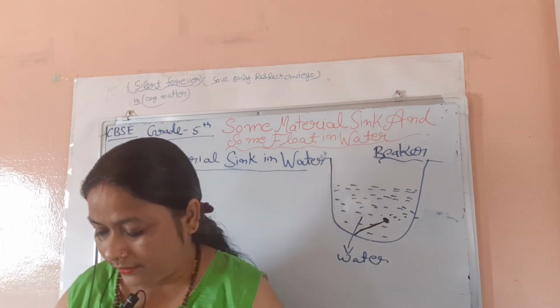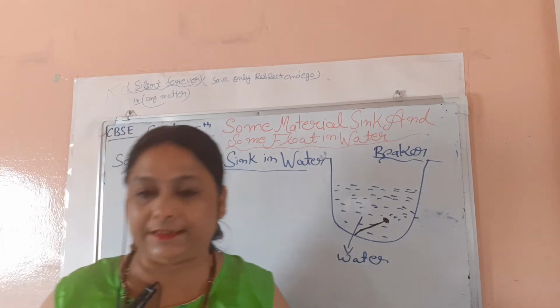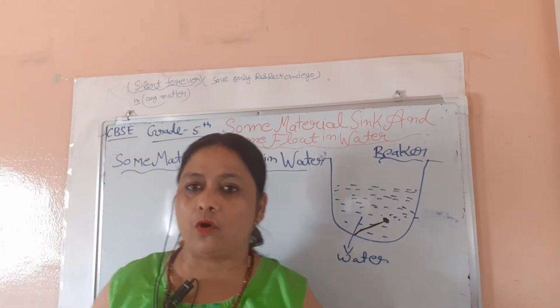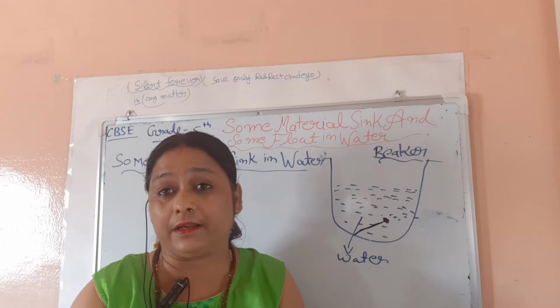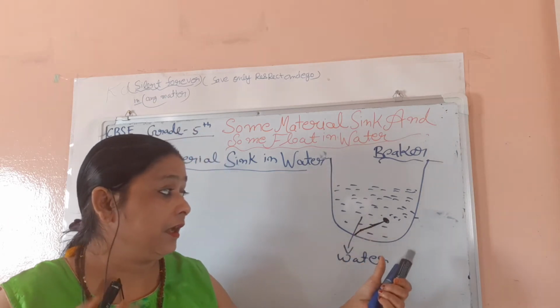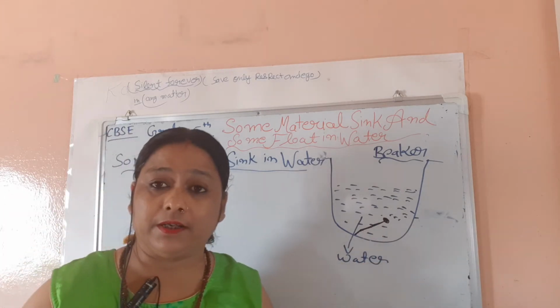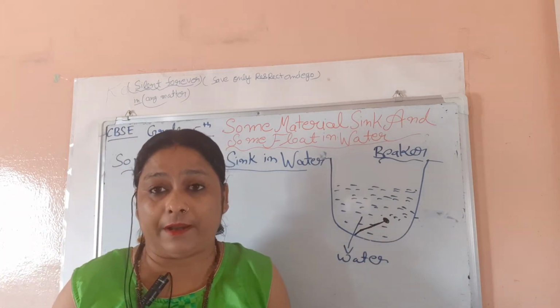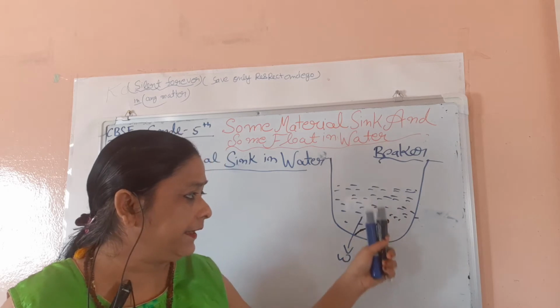So we say that iron is heavier than water. So how can we prove iron is heavier than water, and which things sink in water?